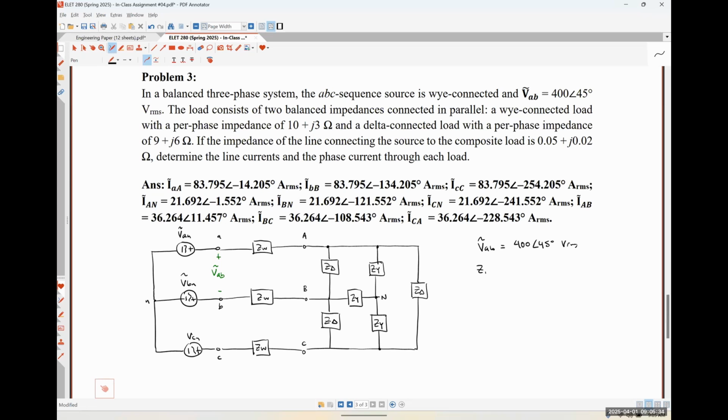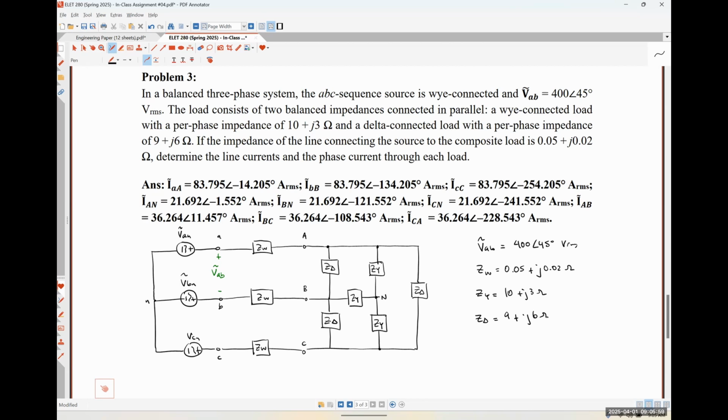We know that ZW is 0.05 plus j0.02 ohms. We know that ZY is 10 plus j3. And lastly, we know that Z delta is 9 plus j6.